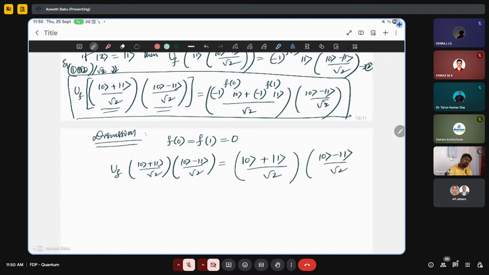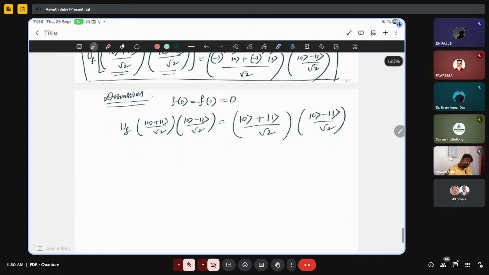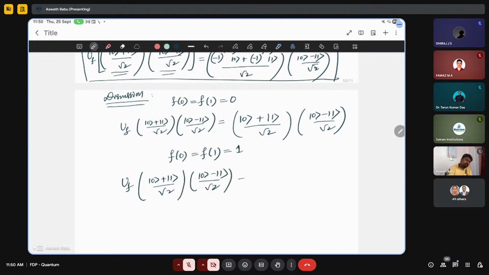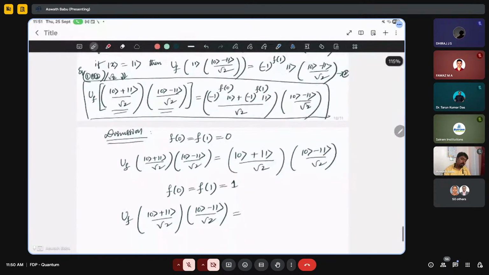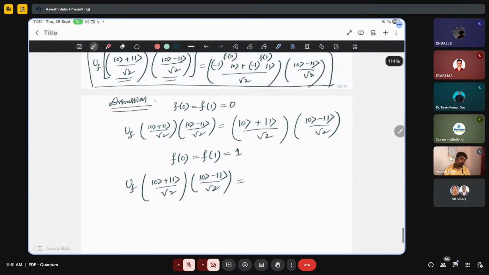So I'll have this output. Now, if f(0) is equal to f(1) is equal to 1, what is the output? (-1) to the power of 1 is minus 1, so minus 1 times |0>, and (-1) to the power of f(1) is again minus 1, so minus 1 times |1>, divided by square root of 2, |0> minus |1> divided by square root of 2.